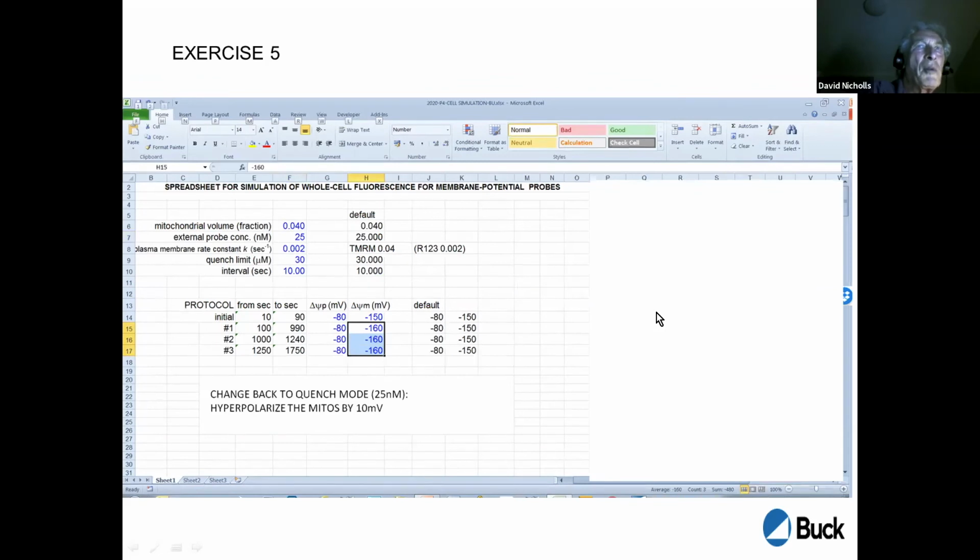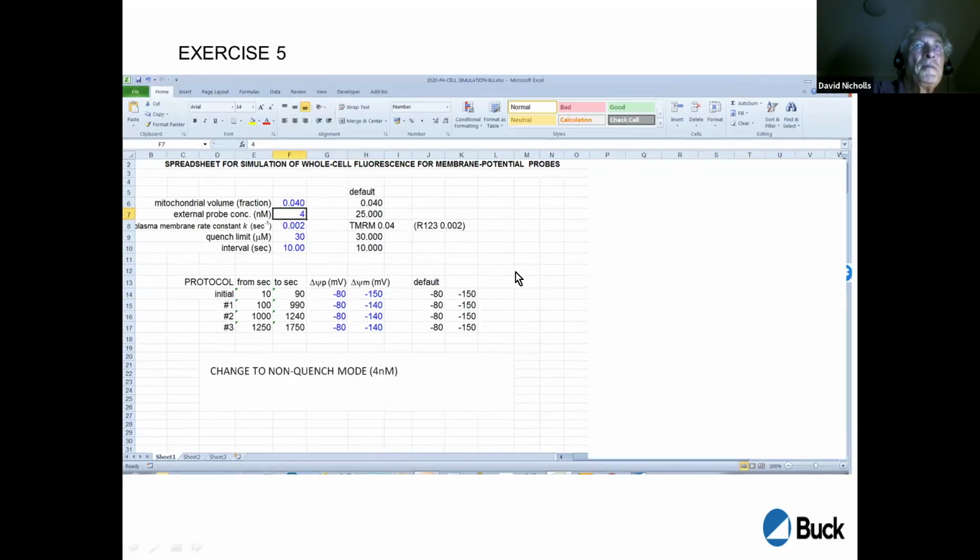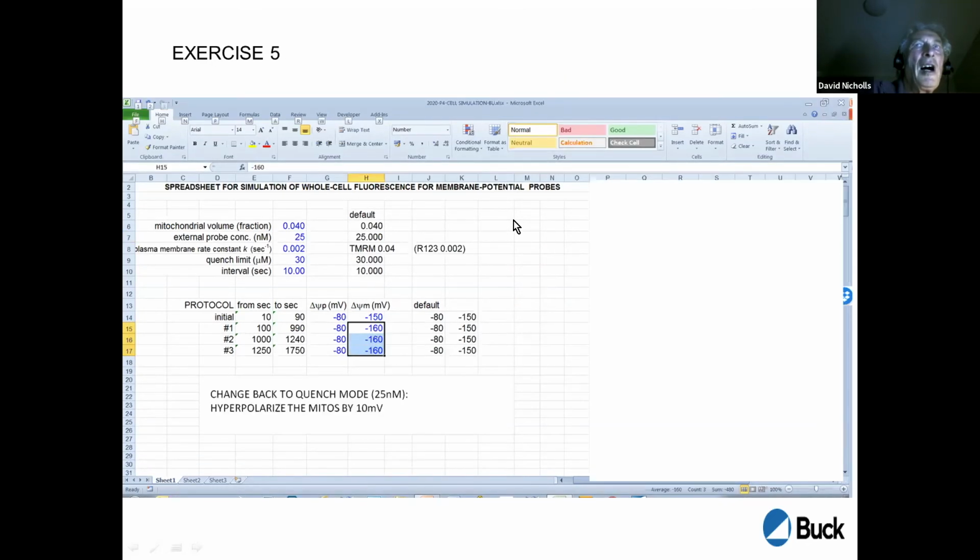Okay, I'm sorry. So with rhodamine 123 in quench mode, I want you to do two experiments. In one, I want you to drop the membrane potential from 150 to 140. And in the other, I want you to raise the membrane potential from 150 to 160 millivolts.